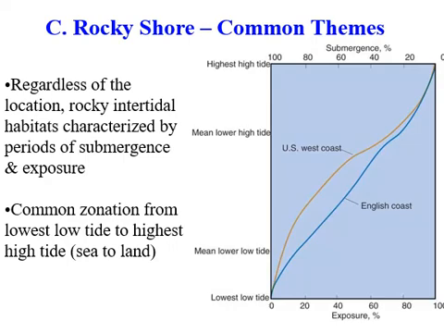You're never exposed. So those are the kind of conditions that intertidal organisms, and especially those that we're looking at right now, rocky intertidal organisms, experience all over the place, whether you're talking about the English coast, the U.S. West Coast, Hawaii, Rhode Island, or Nova Scotia.